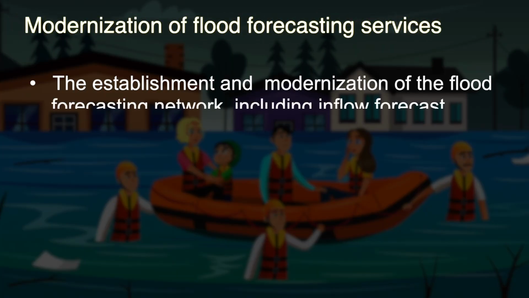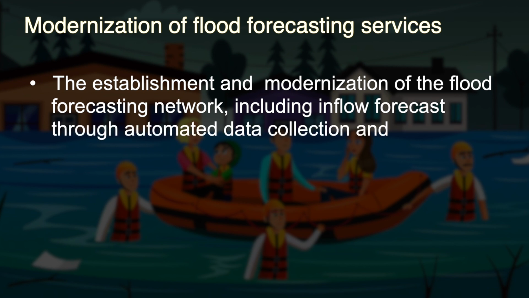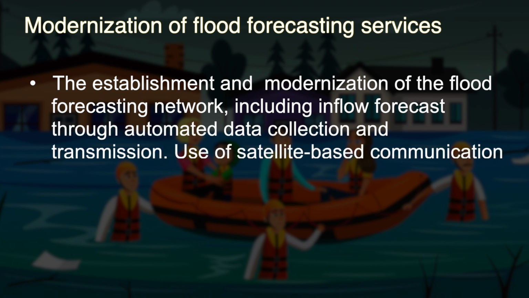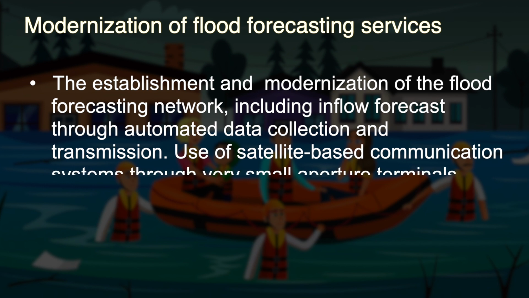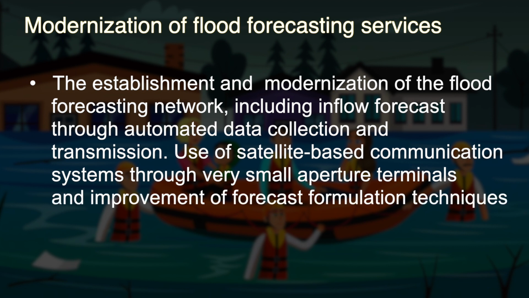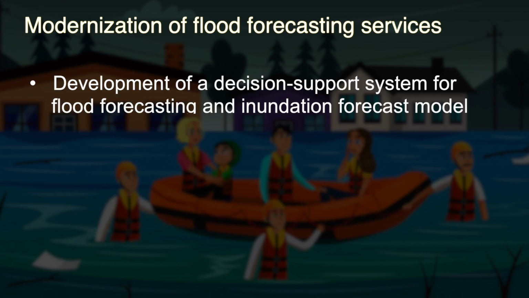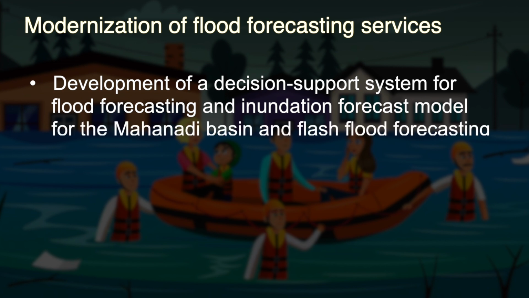Initiatives being taken for modernizing flood forecasting services are the establishment and modernization of the flood forecasting network, including inflow forecast through automated data collection and transmission, use of satellite-based communication systems through very small aperture terminals, and improvement of forecast formulation techniques using computer-based catchment models, and development of a decision support system for flood forecasting and inundation forecast model for the Mahanadi Basin and the flash flood forecasting for Sutlej Basin.